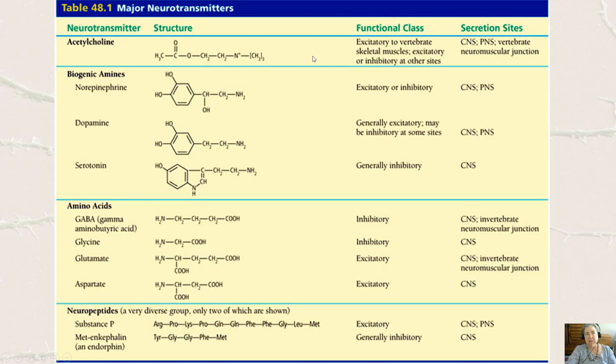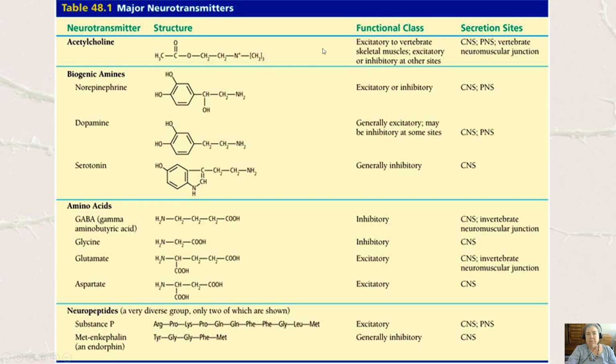We know about its use in the autonomic nervous system, both in the sympathetic and parasympathetic arms, at the presynaptic neuron for both arms, and at most of the postsynaptic, if not all, in the parasympathetic arm, and at sweat glands on the sympathetic side, and at every skeletal muscle neuromuscular junction.